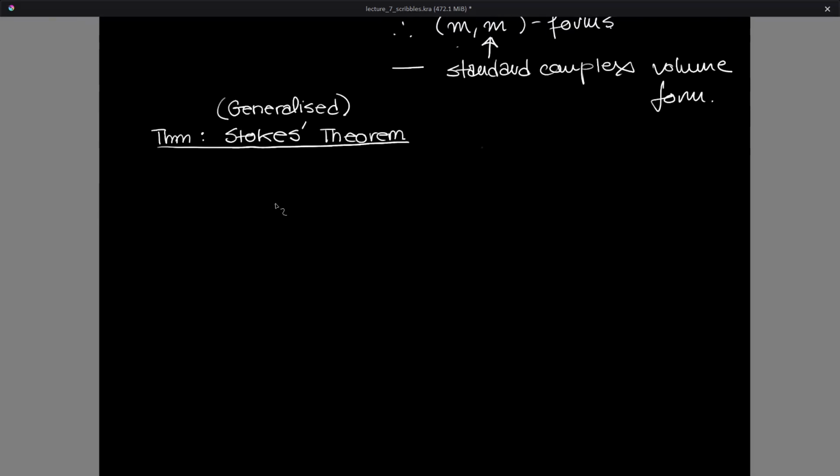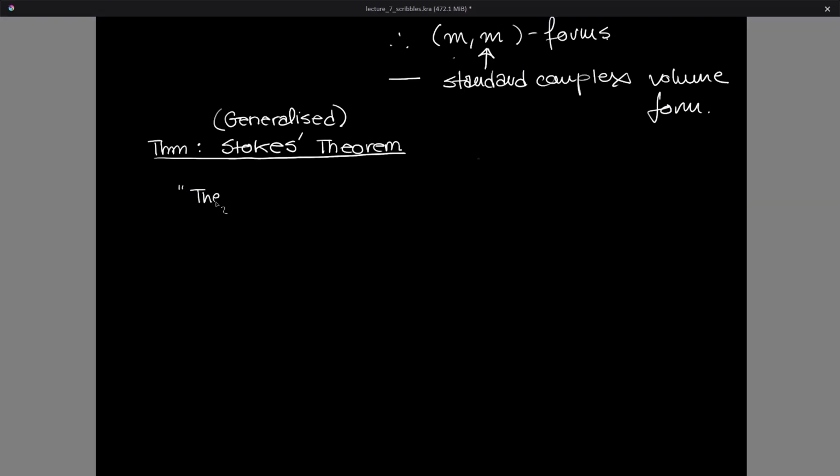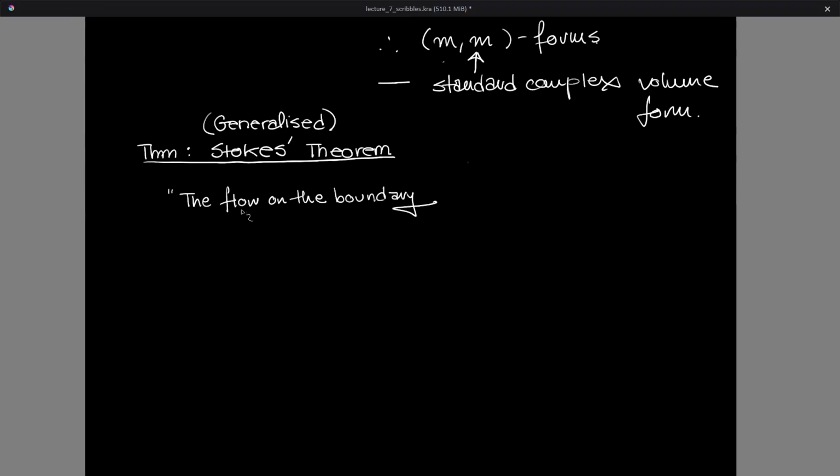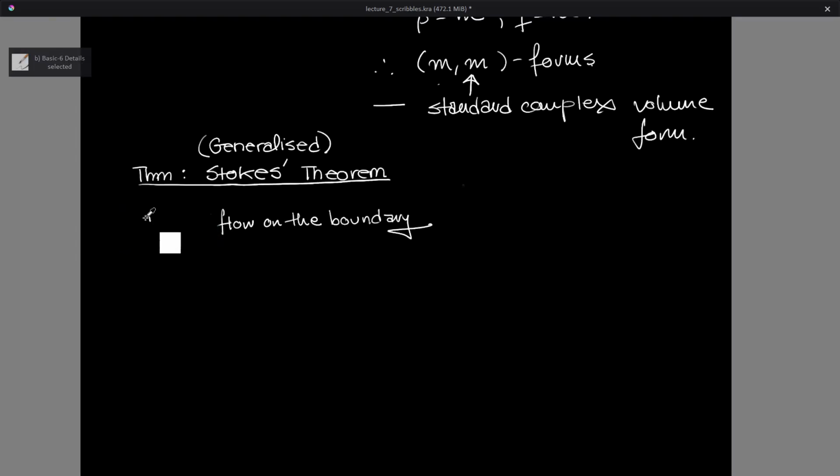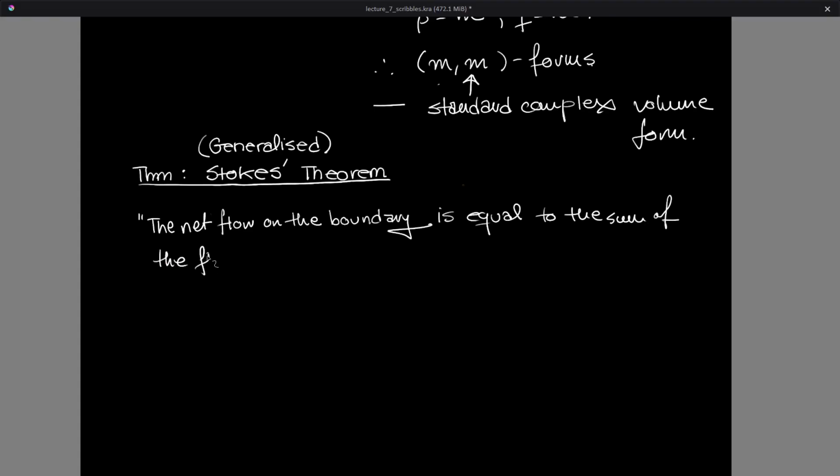So what Stokes' theorem tells you is that the flow on the boundary, or let's say the sum of the net flow on the boundary, is equal to the sum of the flow on the interior.